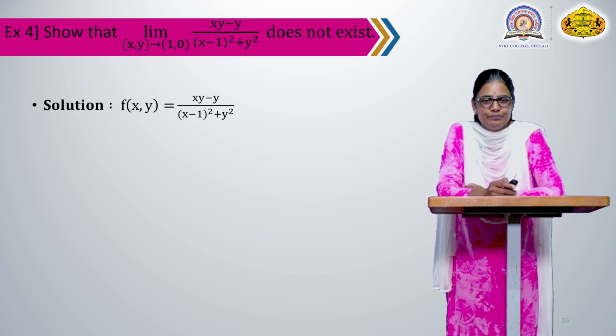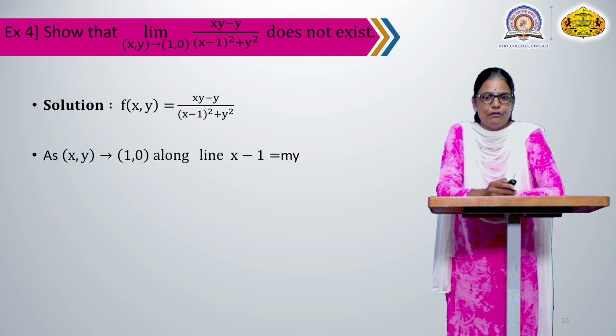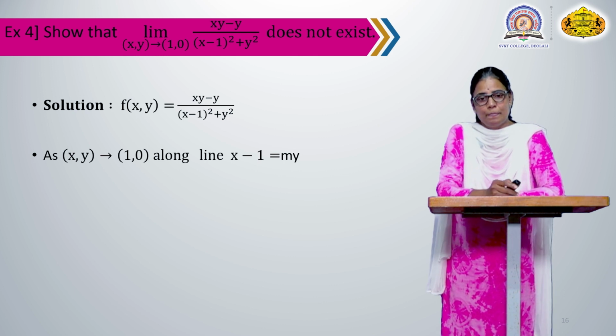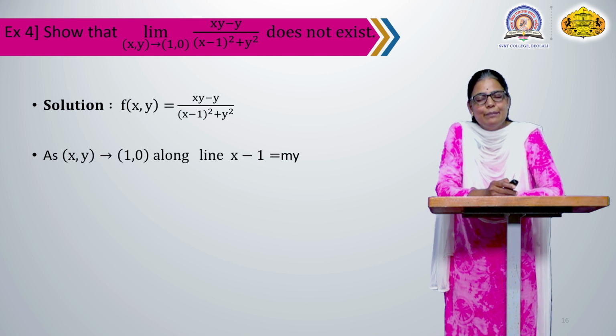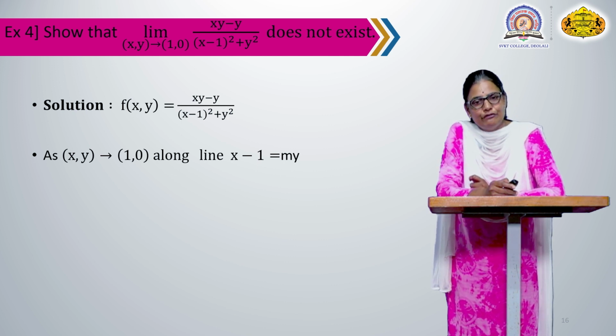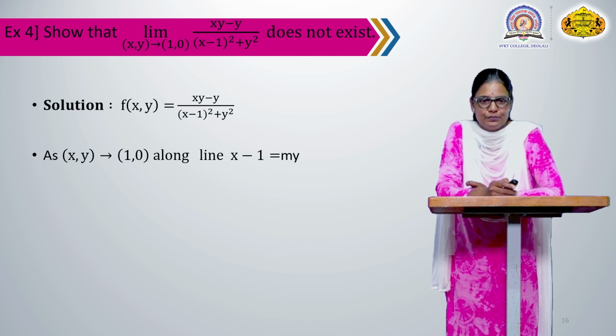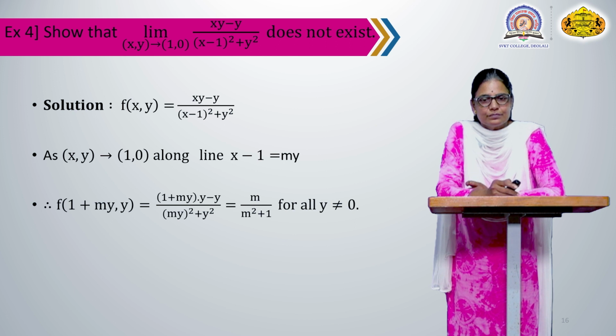So now this is our function f(x,y) equals (xy minus y) upon ((x minus 1) square plus y square). I consider a straight line x minus 1 equals m into y, where m is a constant. For different values of m, we will get different straight lines passing through the point (1,0).